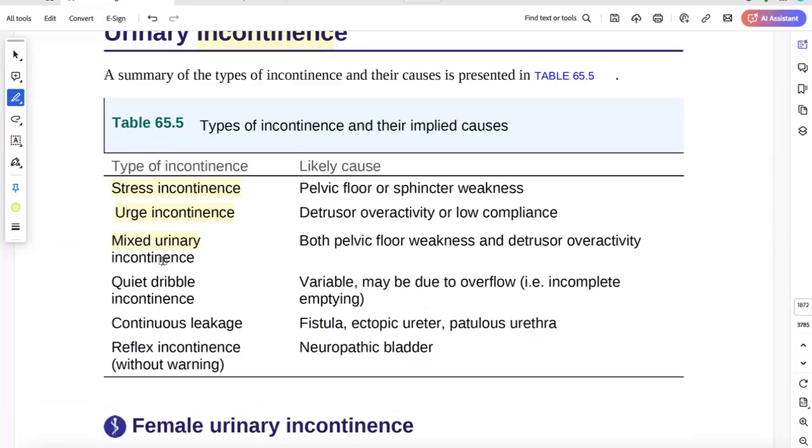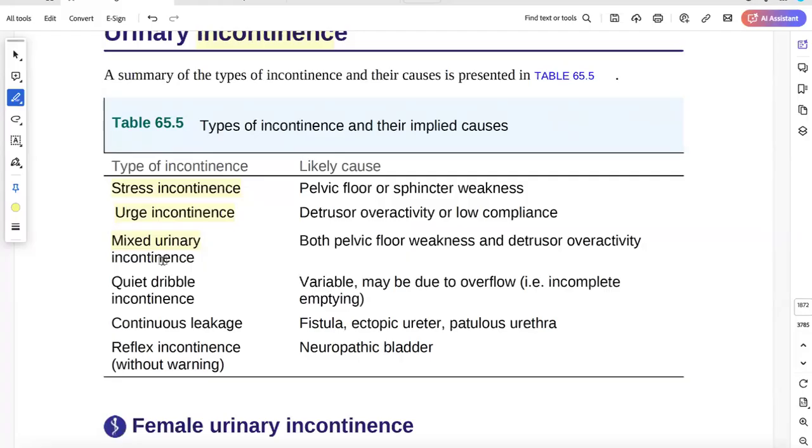Stress incontinence is if the patient has weak pelvic floor muscle, whenever they cough, laugh, sneeze, anything which increases intra-abdominal pressure, they will leak some urine at that time. The patient will say that every time I laugh or every time I strain during passing bowel, I get a little bit of leak of urine. That is stress incontinence, and the most common cause is pelvic floor muscle weakness.